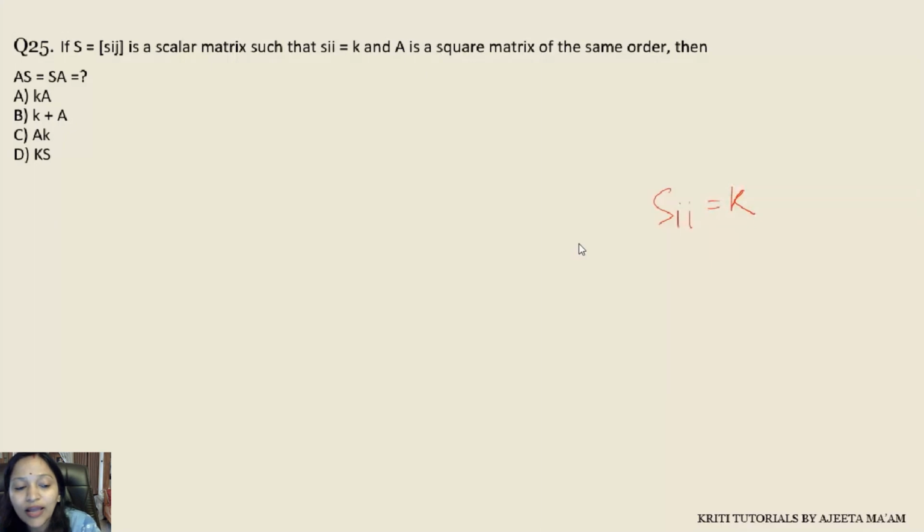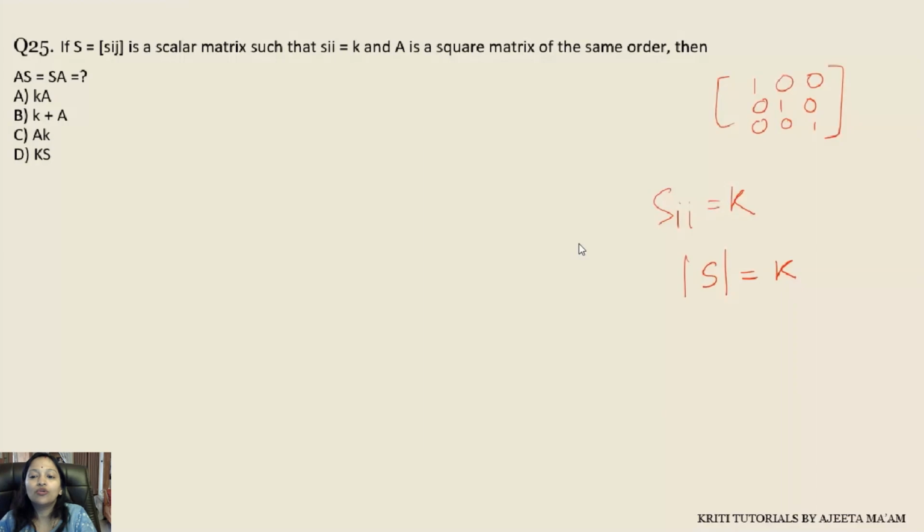And then the determinant value of that matrix is K, the constant. A simple logic: the identity matrix 1 0 0, 0 1 0, 0 0 1 has determinant 1. If instead the diagonal is 10, the determinant is 10, not 1000, only 10. So if Sii is K, the determinant value is also K.